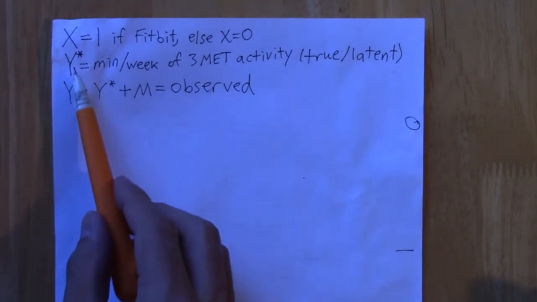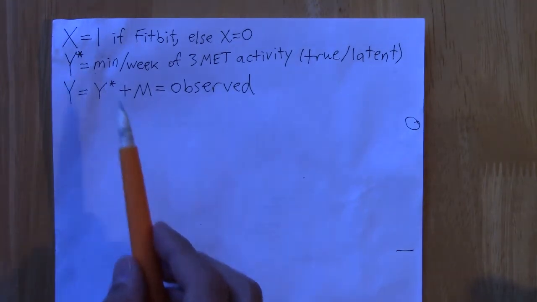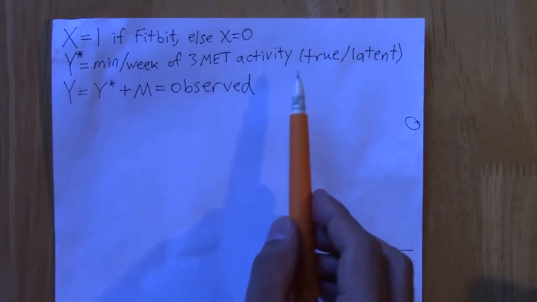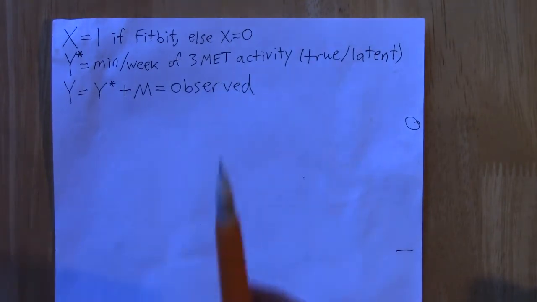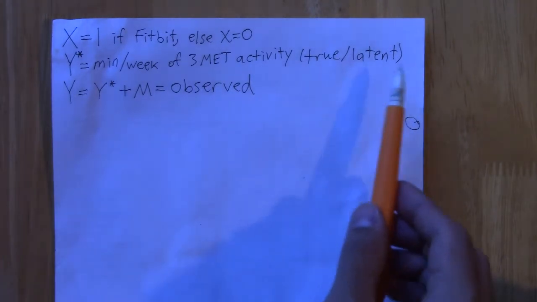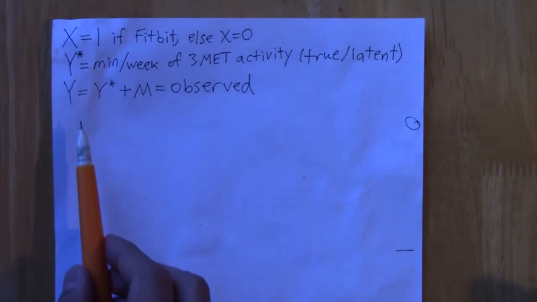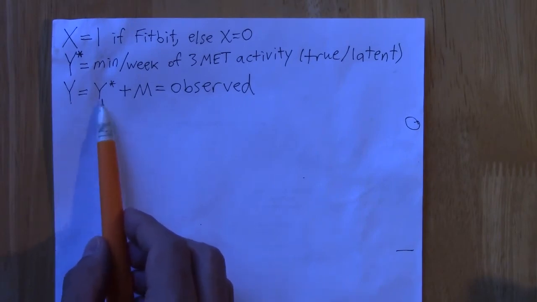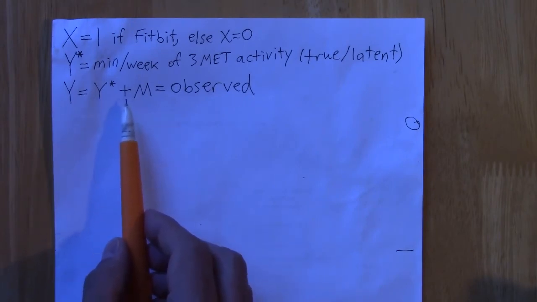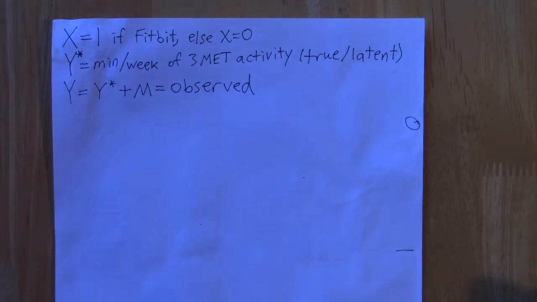And so following the textbook notation, y with the asterisk, or y star, is the true value, but we do not observe it for everybody, so it's a latent value. Instead, we observe y with no star, which is equal to the true y star plus the measurement error m. That's what we observe.